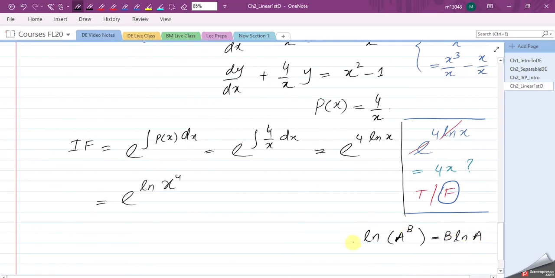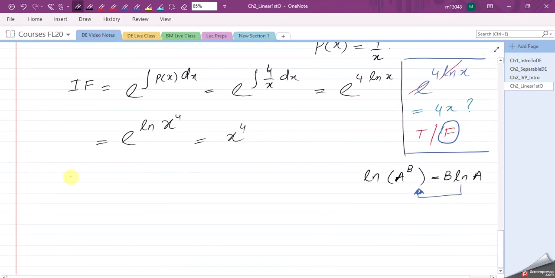This power can come at the back of the log and multiply. So we use this very property, but in reverse: we take this 4 and take it to the power of x. Now there is nothing between this log and e, and now it's okay to cancel them. So this is actually x power 4.